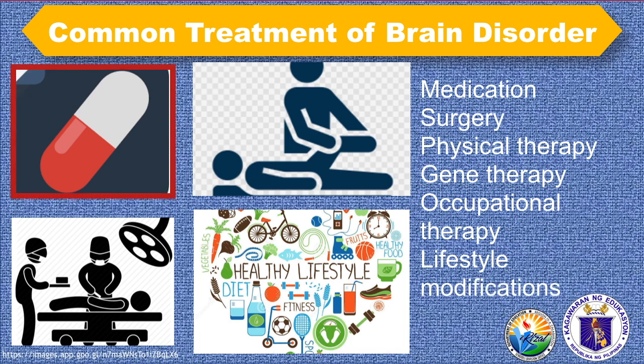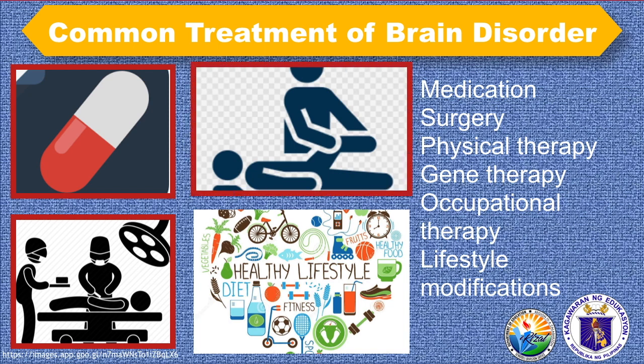By taking prescribed medicine, it can also help us recover from these brain disorders. The other one is surgery. And the third one is a combination of physical therapy, gene therapy, or occupational therapy.